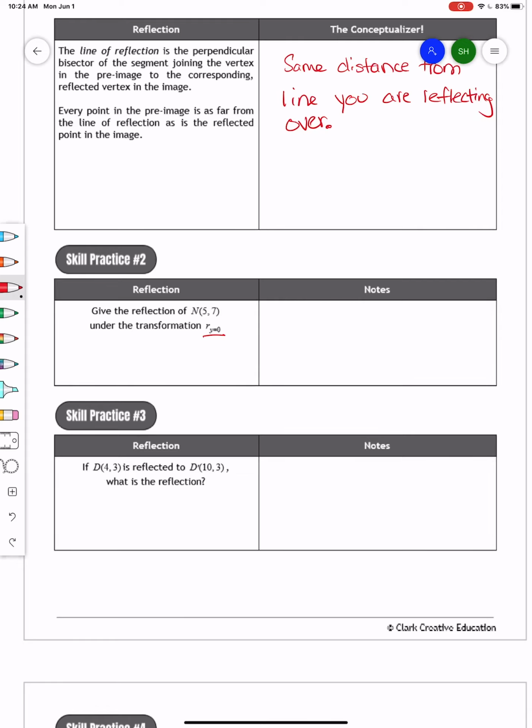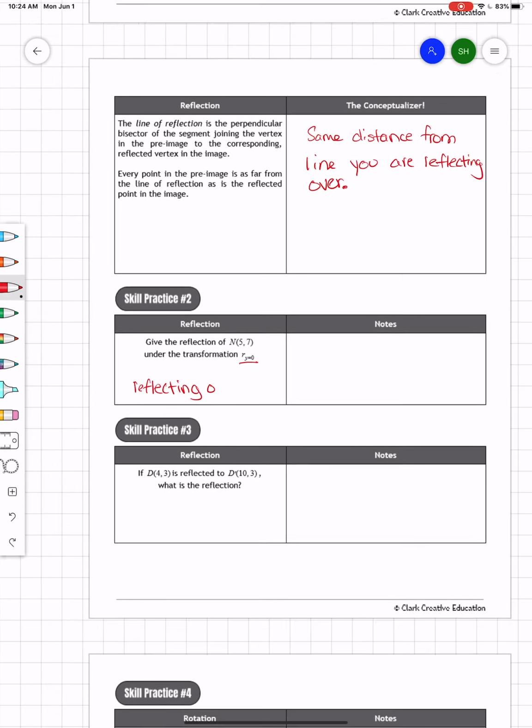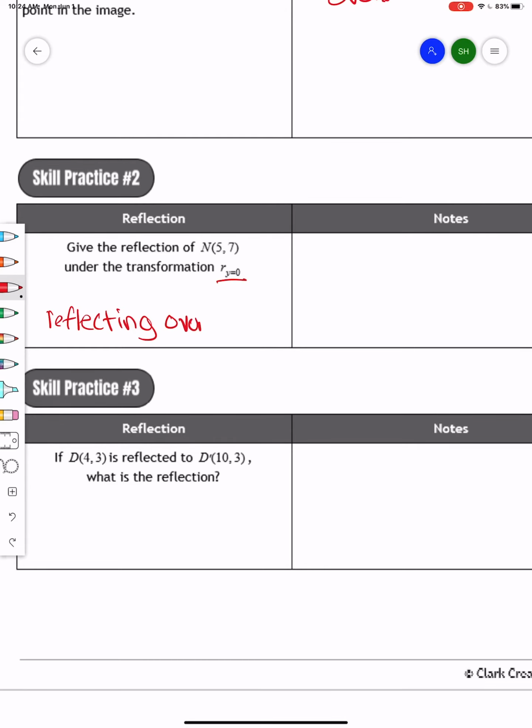So when you're reflecting over the x-axis, your y will become negative. Is my x going to change? No, it is not. So we will have N prime is 5, negative 7.